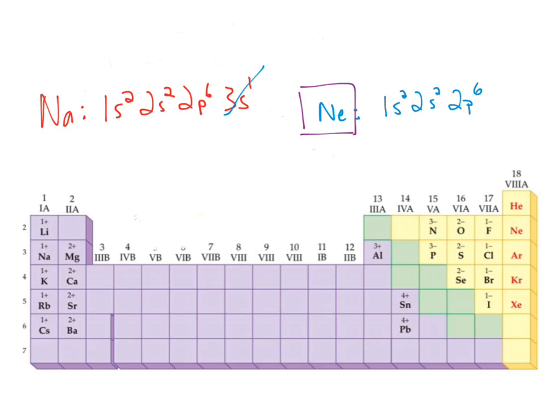If it loses that 1, it looks like neon. Or it could gain 1, 3p6 to look like argon.